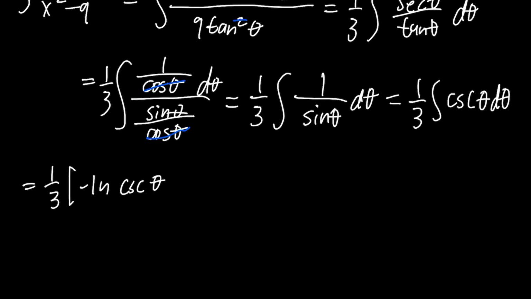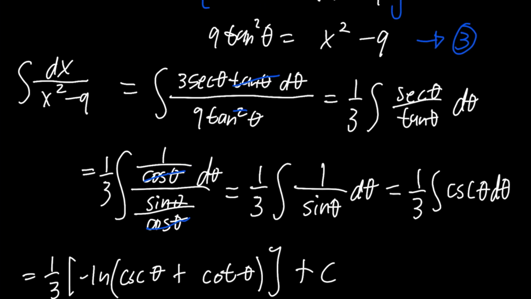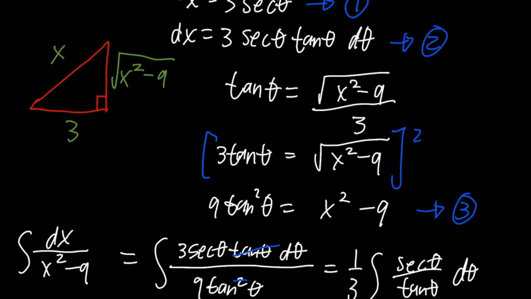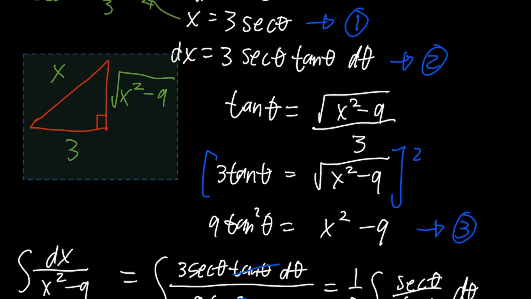That would be equal to negative ln cosecant theta plus cotangent theta plus c. But we need to rewrite cosecant theta and cotangent theta in terms of x. So let's do that. Let me just copy our triangle here.